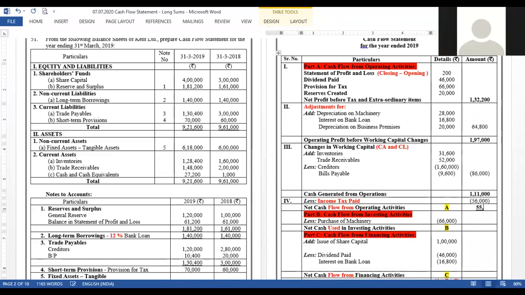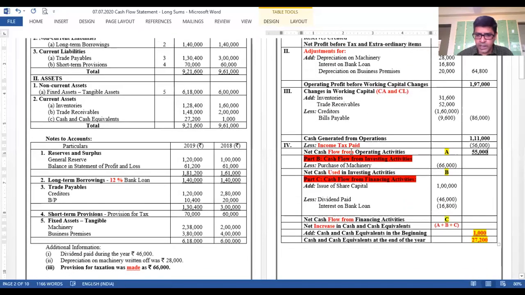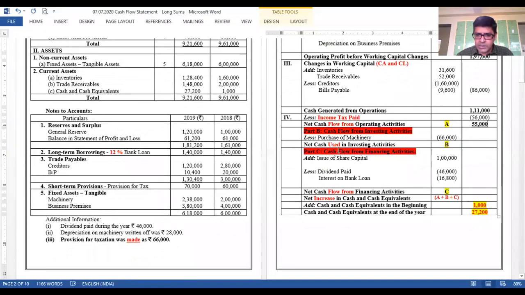55. That's correct. Okay, so this is the first amount from operating activity, positive, so cash flow from operating activity. Second is investing activity. We have just one amount, negative, so it is cash used amount. I can see that that's 66,000, right? Okay. Third one now, from financing activity, 1 lakh and 62,800.